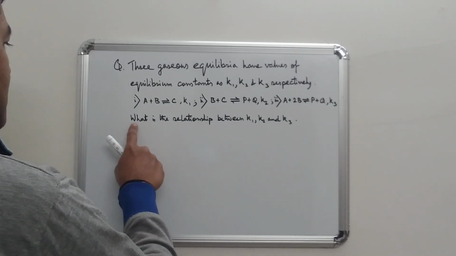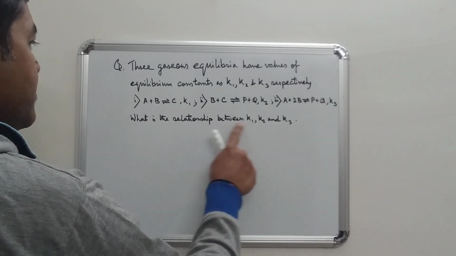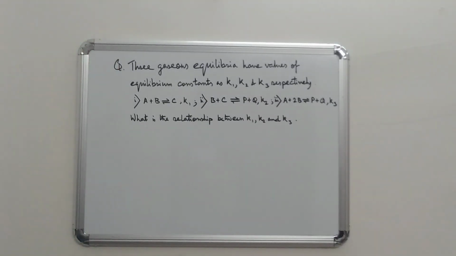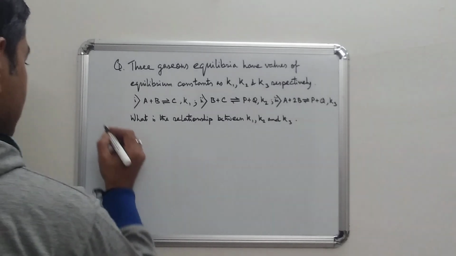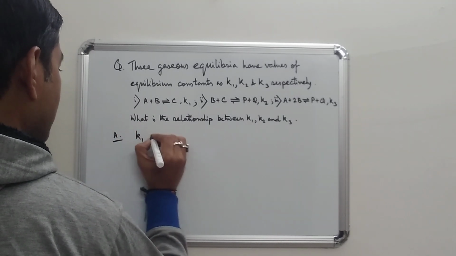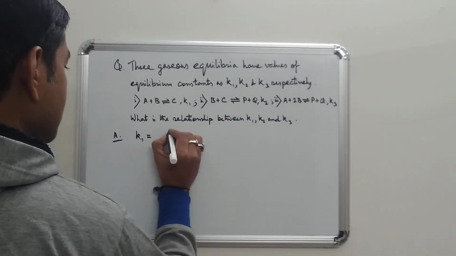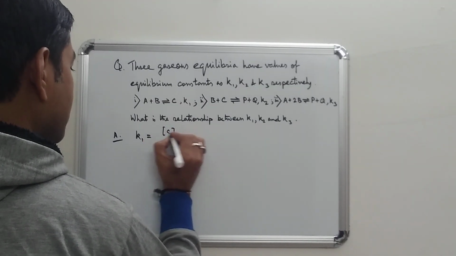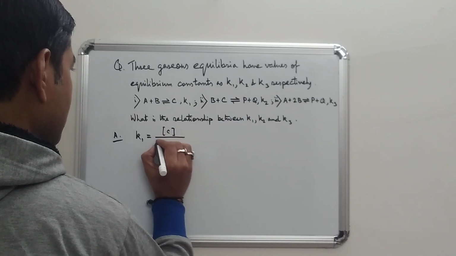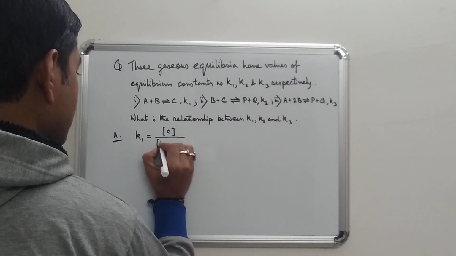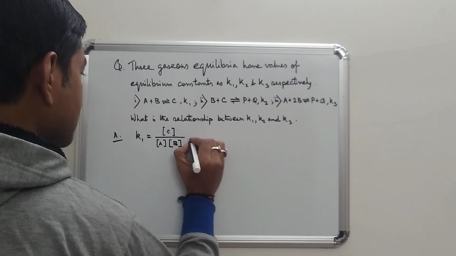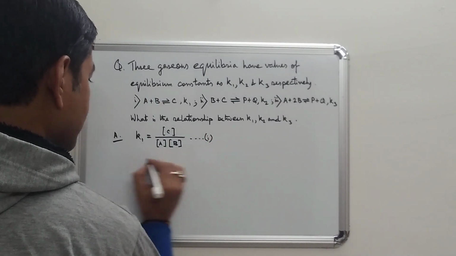Now it is asked what is the relationship between K1, K2 and K3. We have to find it out. First of all, we have to write down K1. It is the ratio of concentrations of the product divided by the reactants, that is equation 1.